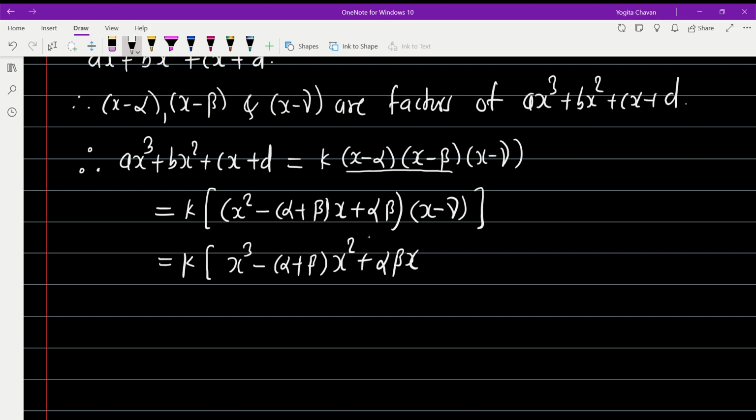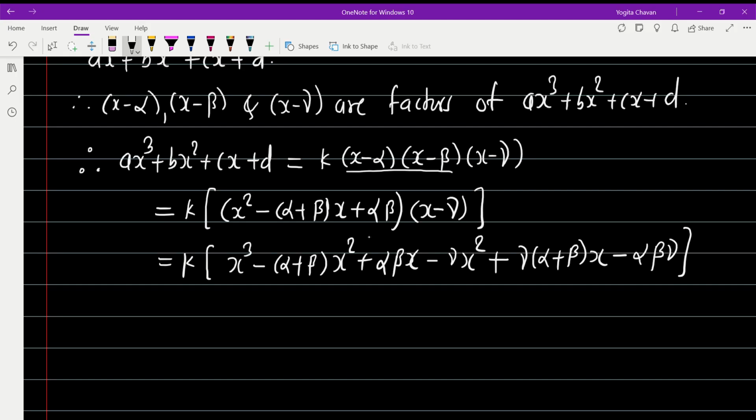Now multiply by minus gamma, so it is minus gamma into x square, plus gamma into alpha plus beta into x, and then minus alpha into beta into gamma.